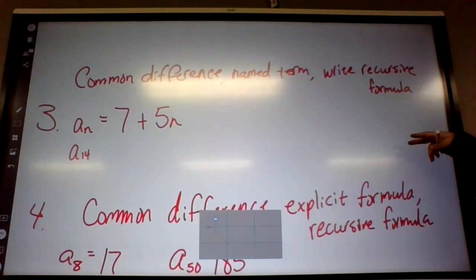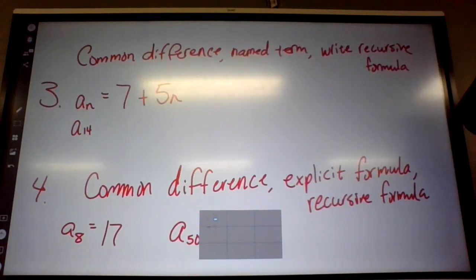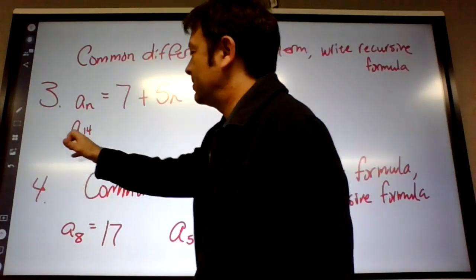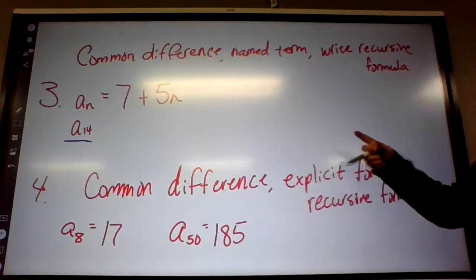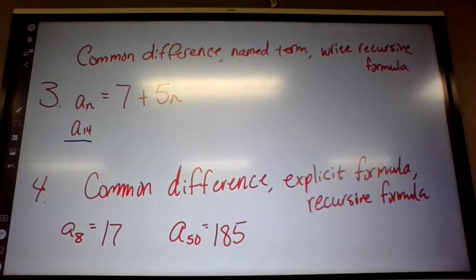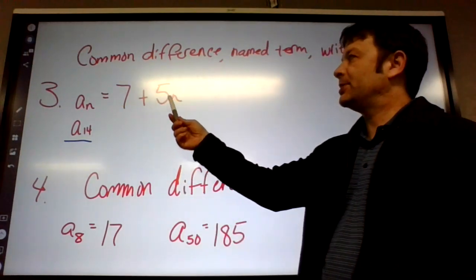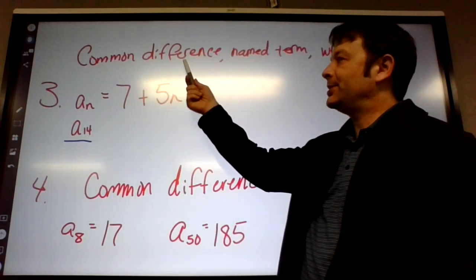All right. These have 3 questions. What's the common difference? That's the same question. The named term, what's that? And then write a recursive formula. All they did is give us an explicit formula. So what must the common difference be?